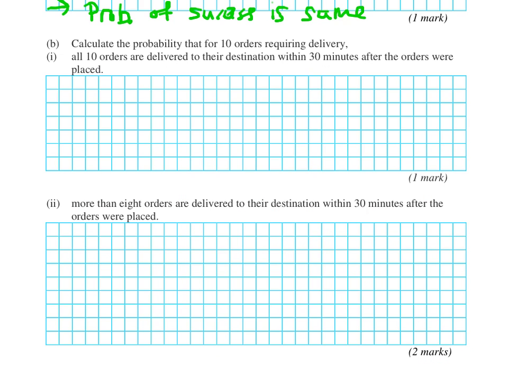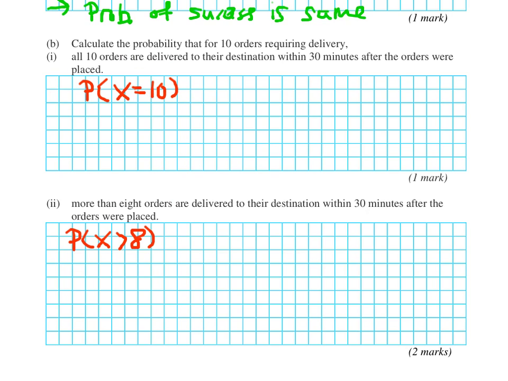And next up, the second part, the part B. Look at part B1, B2 together. Here they say 10 orders are delivered. Well, it means that 10 successes exactly. Whereas here would mean more than 8, so 9, 10 successes. In other words, we are talking about this probability and this probability.